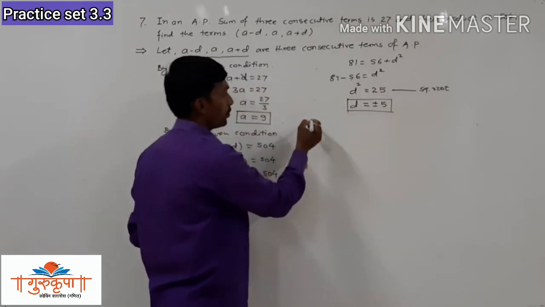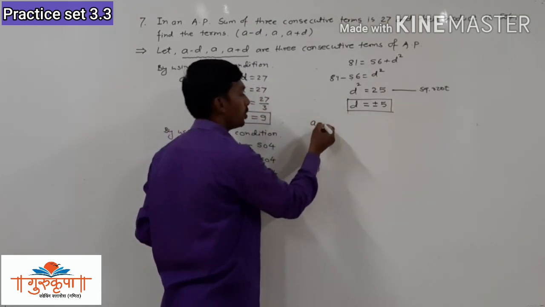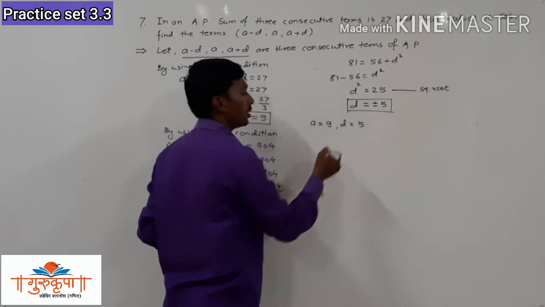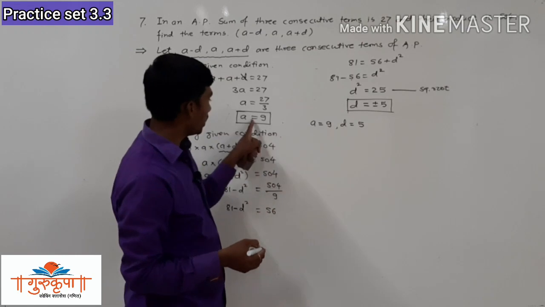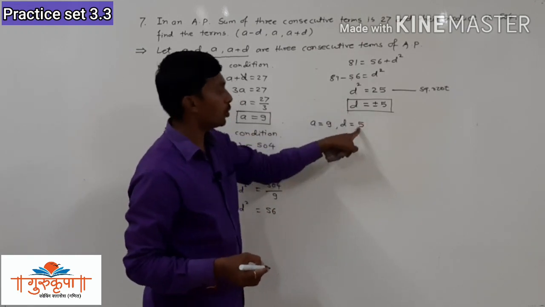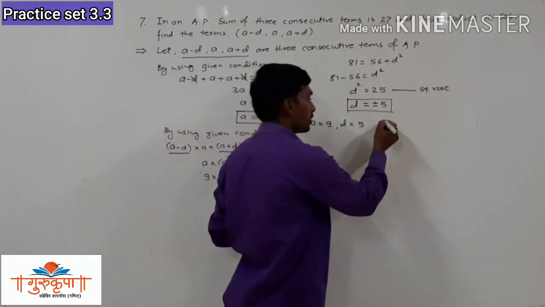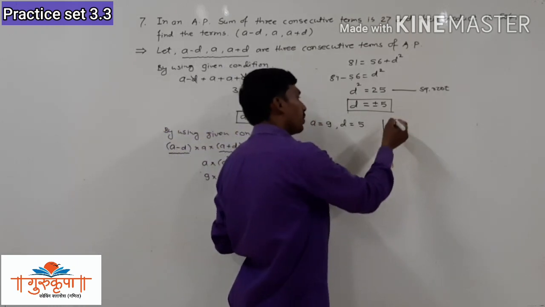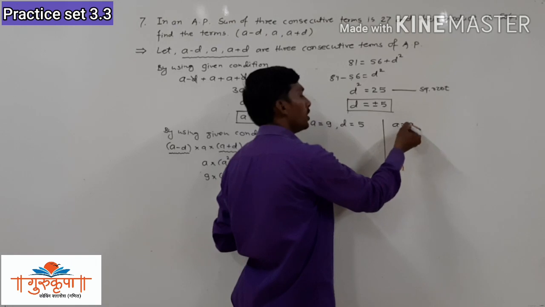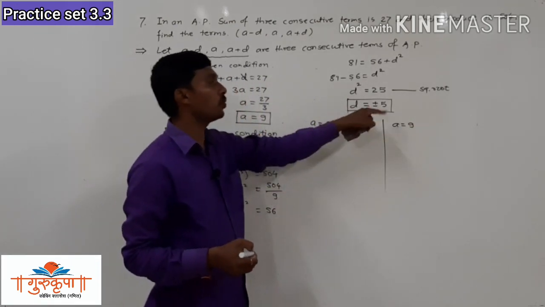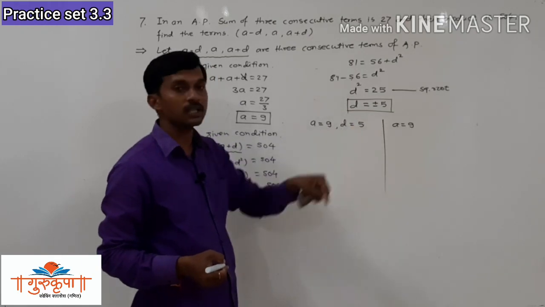First of all we have to take a is equal to 9 and d is equal to positive 5, and we have to get the three terms here. The value of a is 9, that is not going to change, we have only one value of a, but we have two values of d, one positive, another negative.